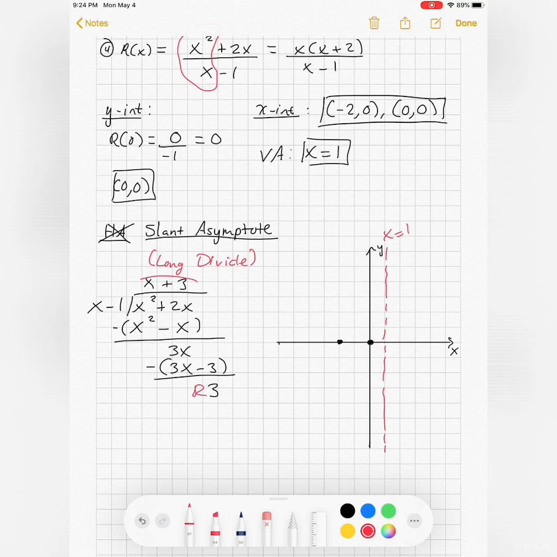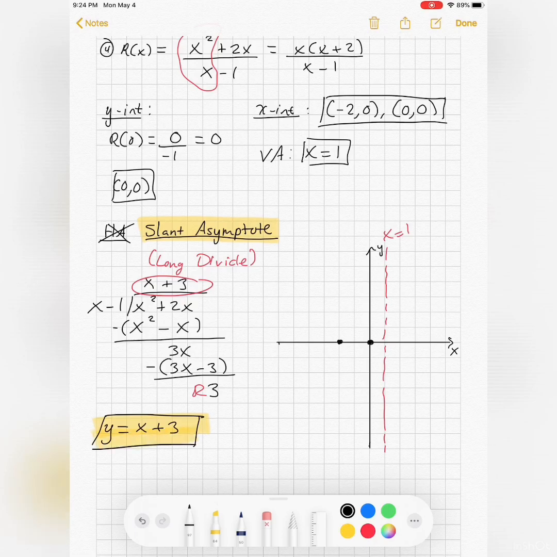Okay, so what is the slanted asymptote? Well, the slanted asymptote is actually y equals x plus 3.